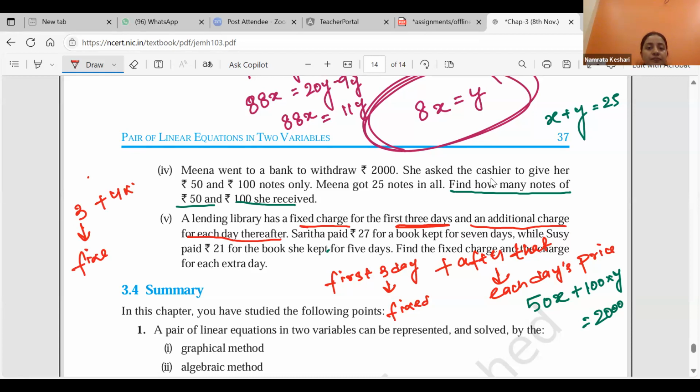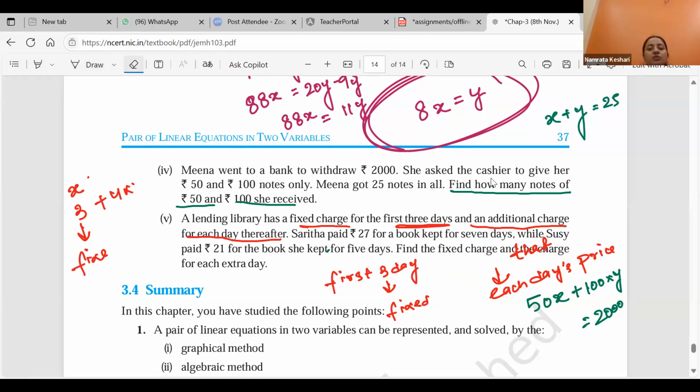Yes, ma'am. Okay, so we can say that the fixed charge for the first 3 days is x. Do we need to take 3x? No, we will be taking x, that will work, because you can read the finding part: find the fixed charge.